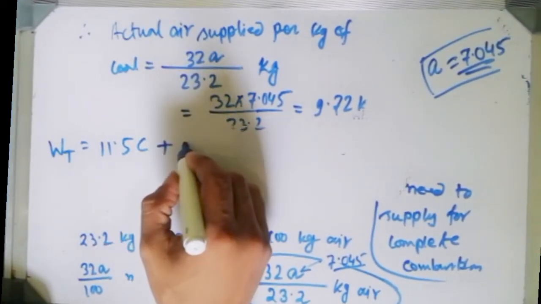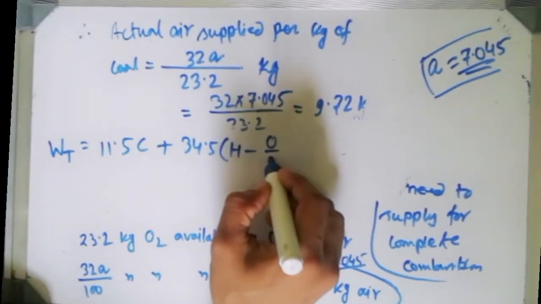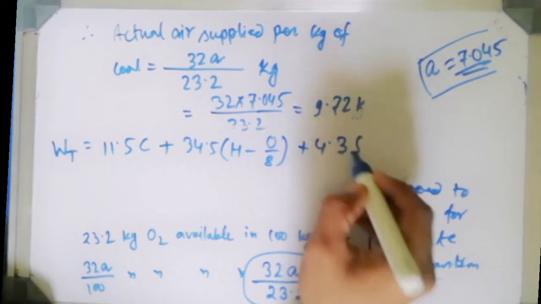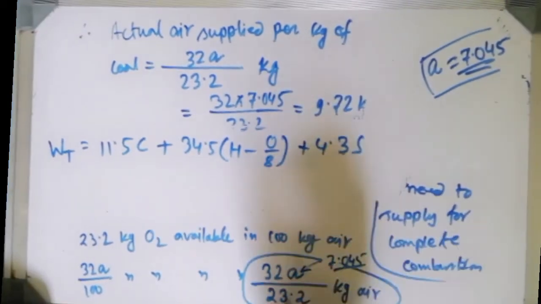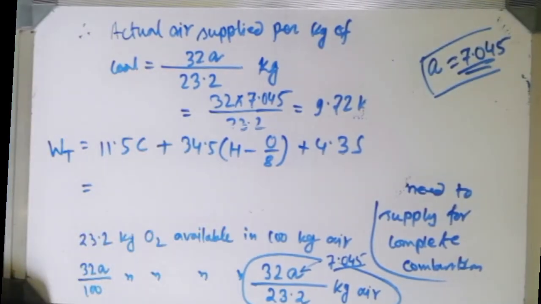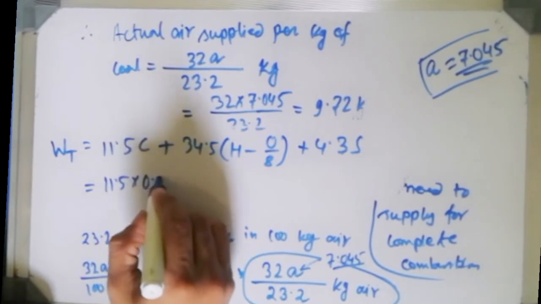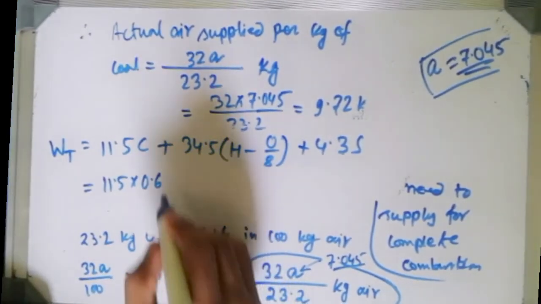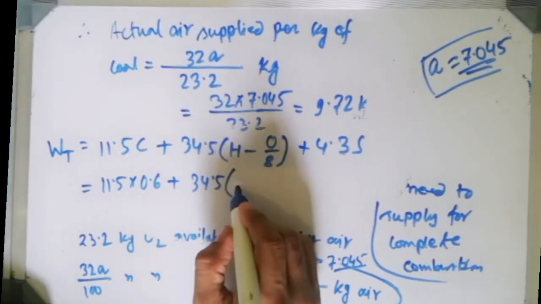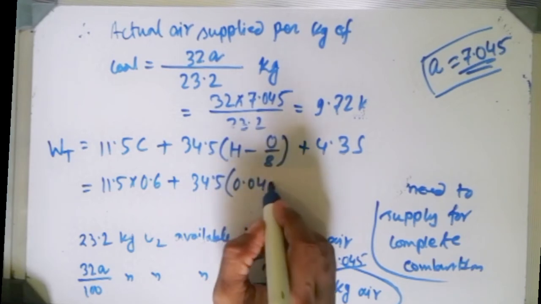Now put that carbon, the value of carbon is given as 60%. So 11.5 into 60%, in terms of 1 kg it will be 0.6. Then 34.5 H, hydrogen was given how much? 4% I think. Yes. So 0.04 minus O by 8. That oxygen, mind it, is the oxygen which is stored inside the fuel. That value was given in the problem, that is 4.8%, isn't it?